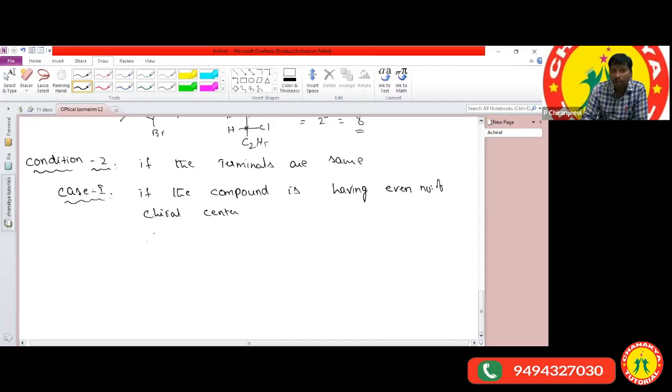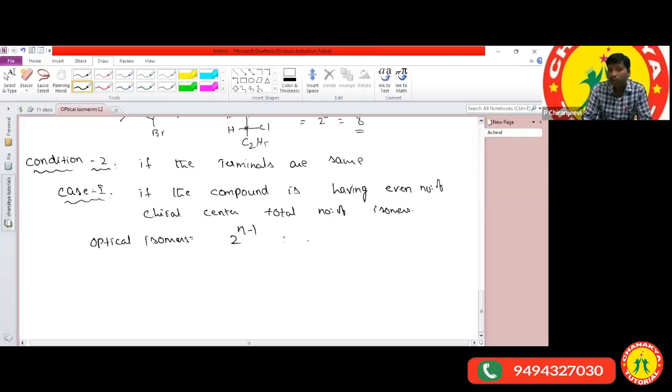Here, the total number of isomers, in this one we are considering optical isomers and meso compounds also. What is the formula for the optical isomers? 2 power n minus 1.